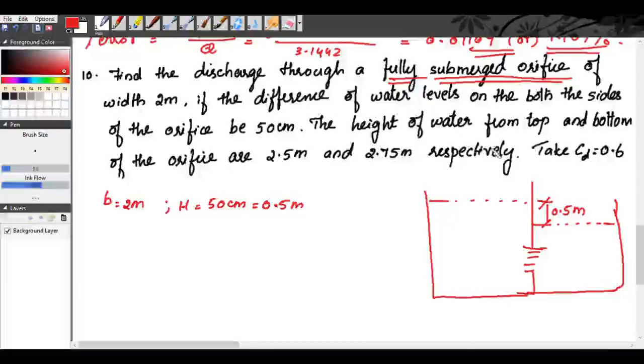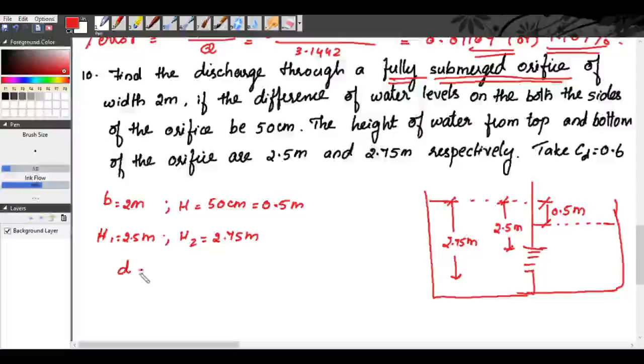The heights of water from the top and bottom of the orifice are 2.5 meter and 2.75 meter respectively. That is, our H1 is equal to 2.5 meter and H2 is 2.75 meter.